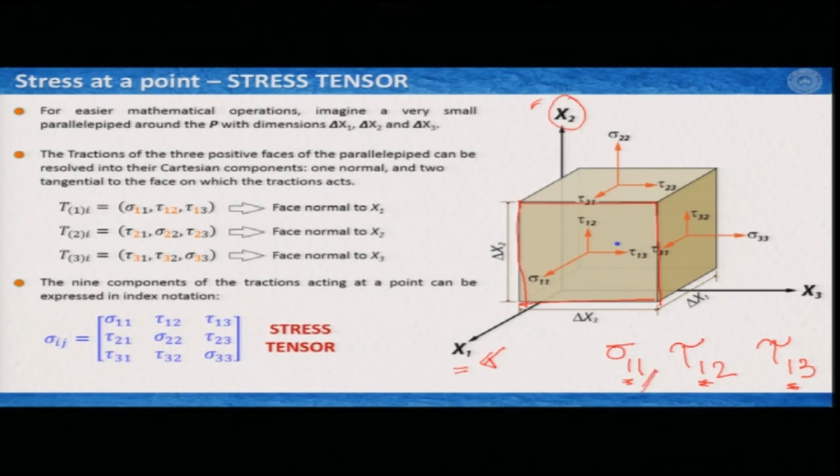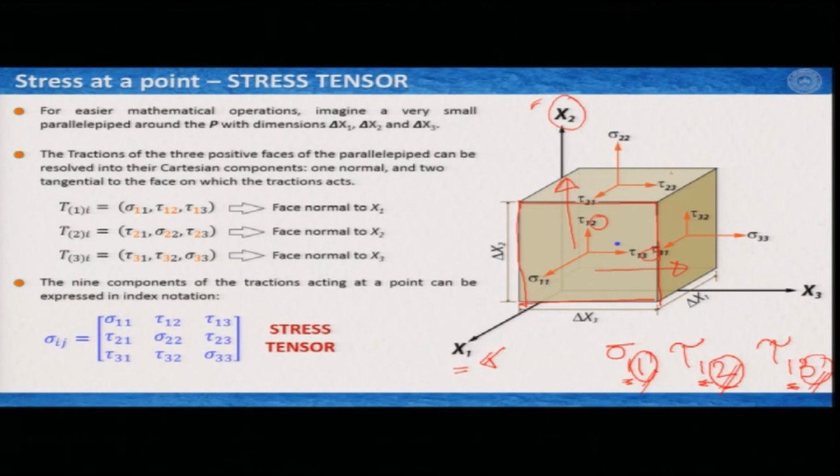The second component, 1, 2 or 3, is the direction along which the stress is working. So, in this case the second component for sigma 1 1 is 1, so it is working along the x1 direction. For tau 1 2, the second component is 2, so it is working along the x2 direction, and for tau 1 3, 3 is the last component, so it is working along the x3 direction.